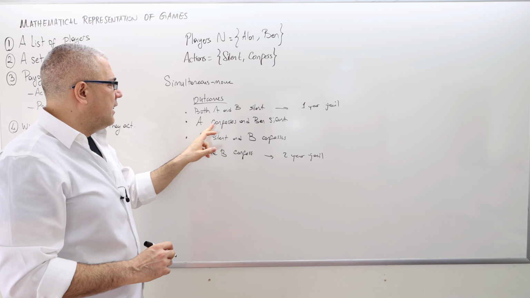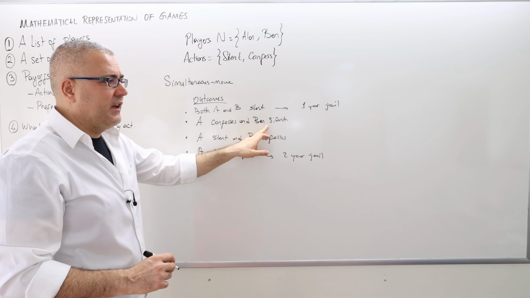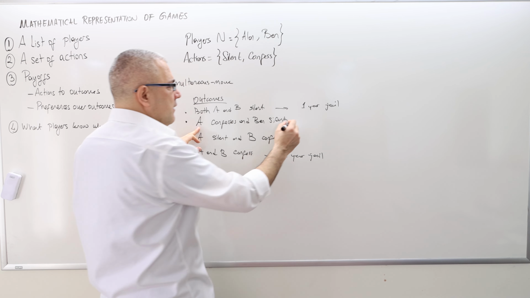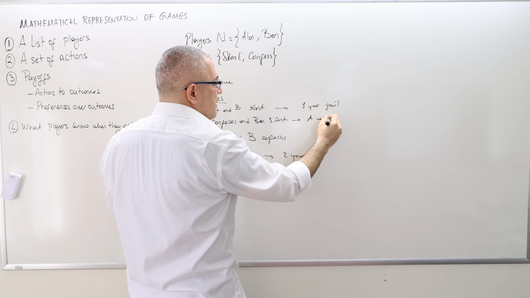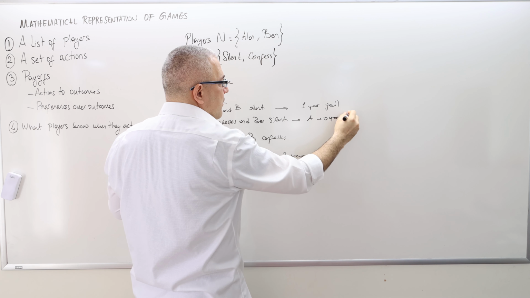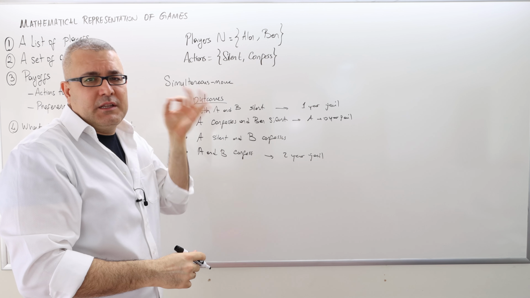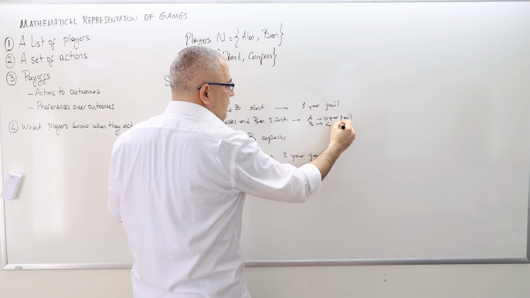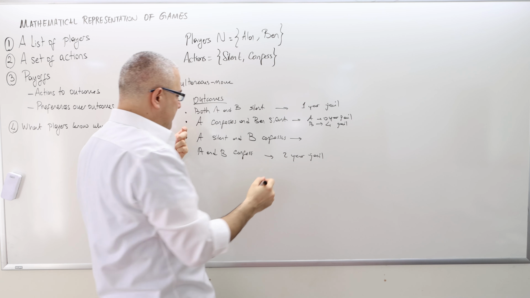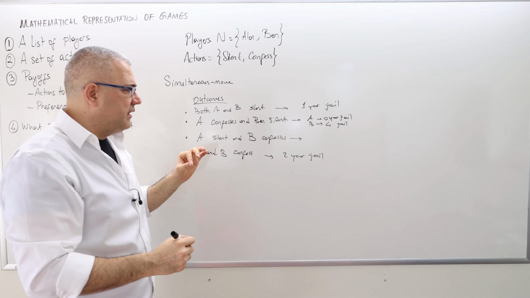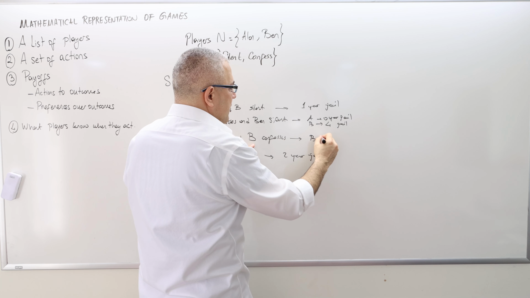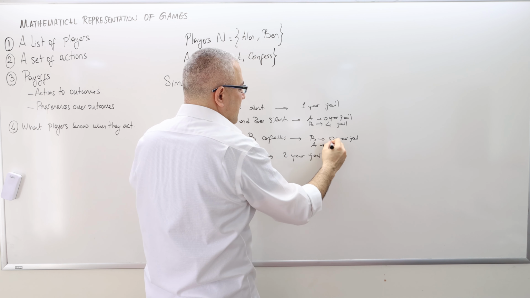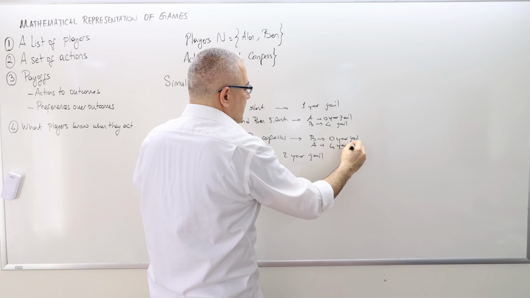So if Alan confesses, and Ben remains silent, the one who confesses goes free. All right. So A, 0 years in jail. Going free means 0 years in jail. However, B gets 4 years in jail. All right? And here the opposite, because A remains silent, B confesses. So B is going to get 0 years in jail, and then A gets 4 years in jail.